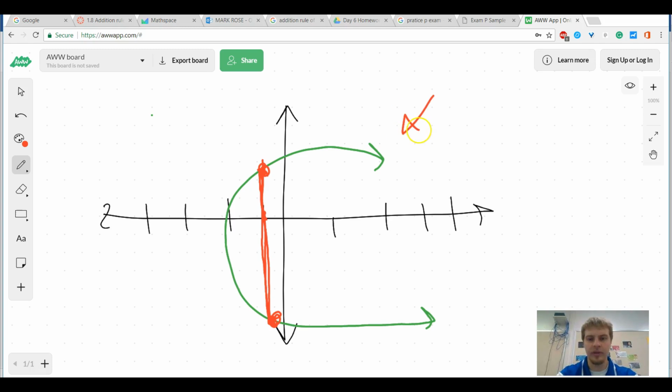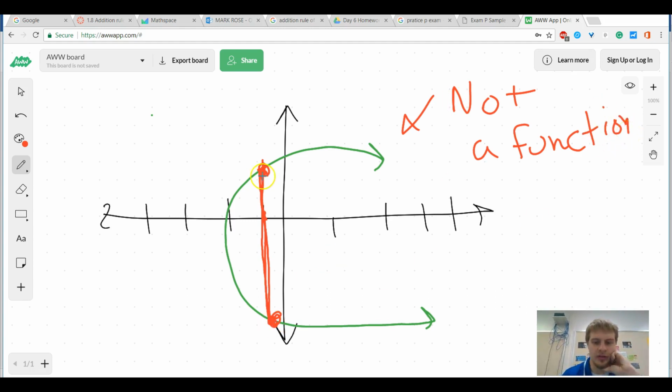So this would not be a function, because for 1 x, you hit 2 y values. So the x's, in this case, are repeating. So things that are not functions are things that fail this vertical line test or things that repeat x's. And that is the only way that you can fail to be a function.